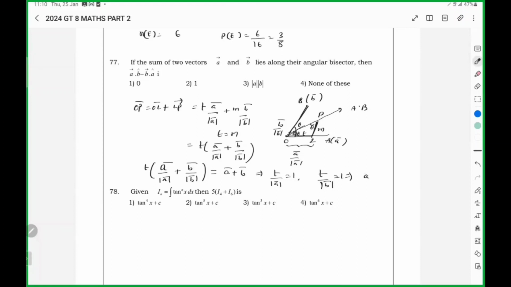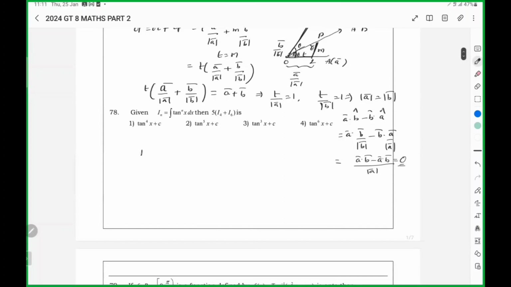From here you can say mod A bar is mod B bar. So now the question here is A bar dot B cap minus B bar dot A cap. B cap means B bar by mod B bar, A cap means A bar by mod A bar. Since mod B and mod A are the same, we get 0 as the answer.